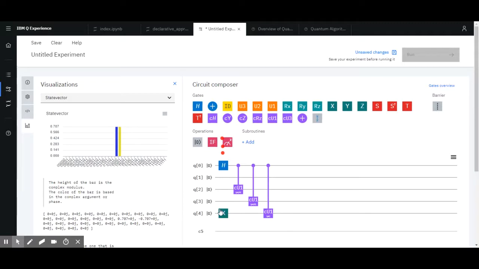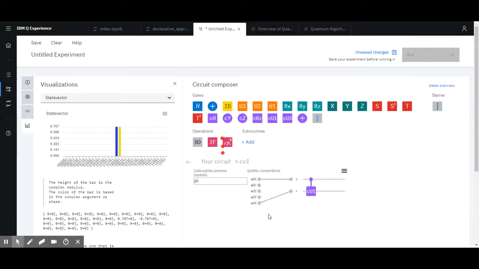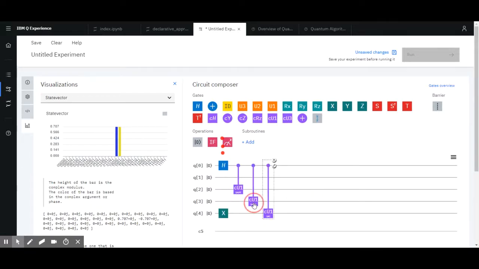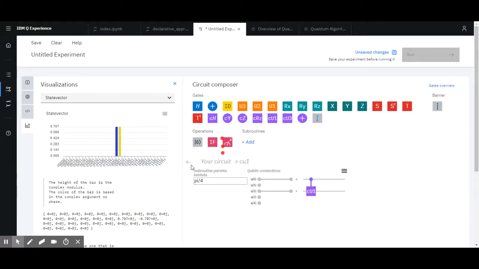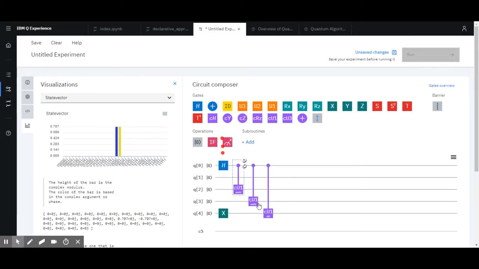So if the answer is a 4, then we should have a phase that rotated half the way, and that's how you do it. So the parameters are pi here, pi divided by 2, and pi divided by 4, because these are the inverse of the powers.